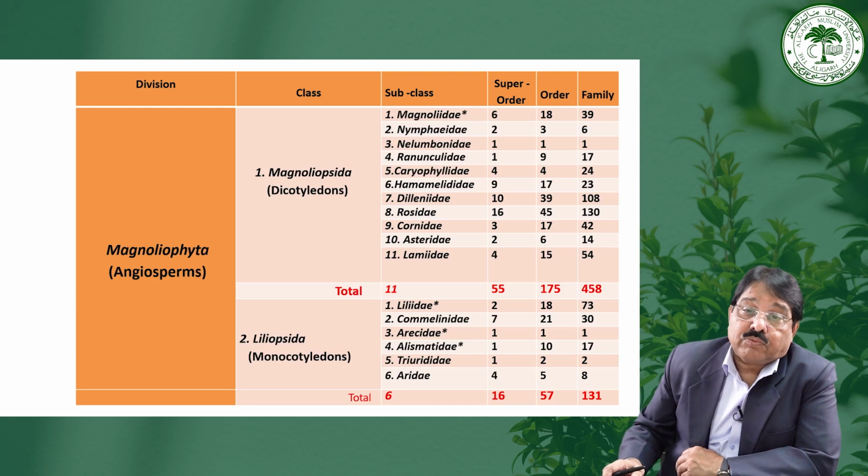So hence there are 55 superorders and 11 subclasses of one class, that is the Magnoliopsida. Magnoliopsida has 11 subclasses, 55 superorders, 175 orders and 458 families.